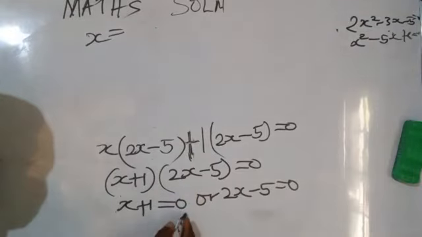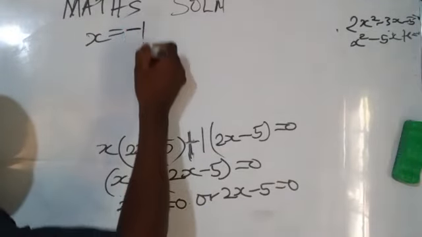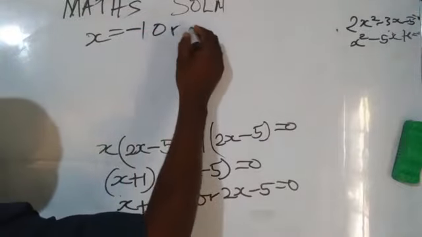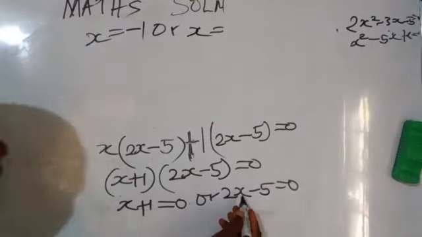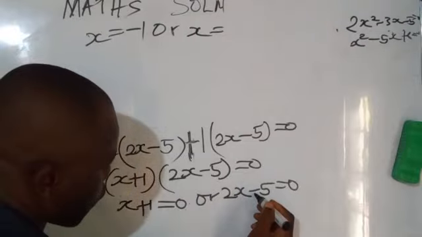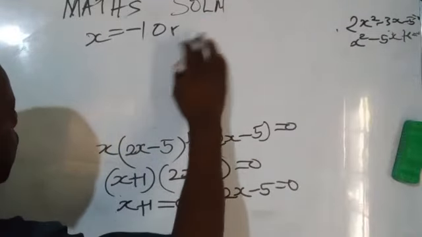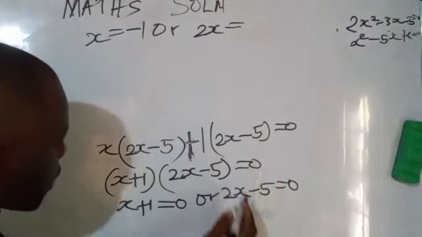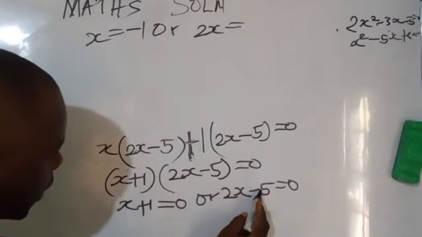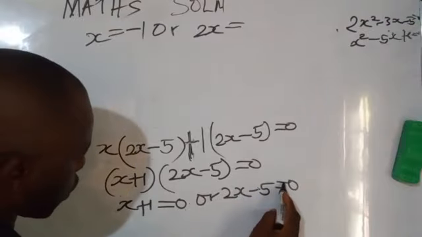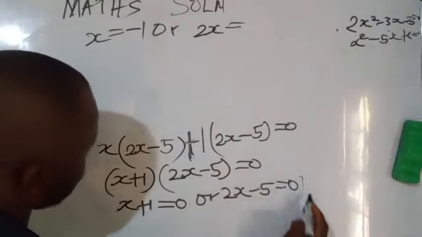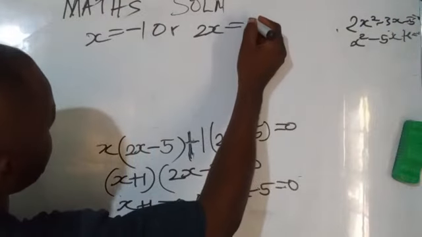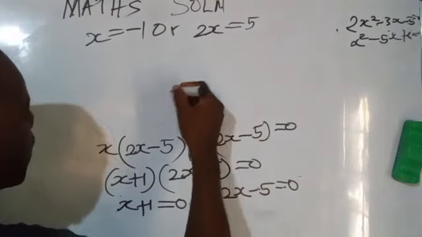So 0 minus 1 is minus 1, or x equal to, here now, first of all, you have 2x there, so that I will not confuse you, equal to, this is 0 here. Now, when this minus 5 crosses the equality sign, it becomes plus 5 here. So that 0 plus 5 will give you what? Plus 5, which is 5.